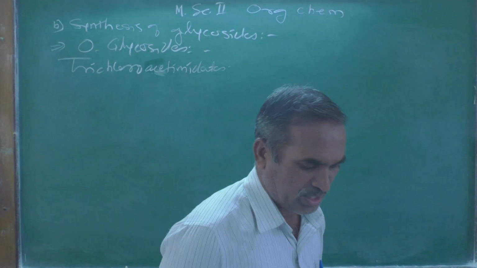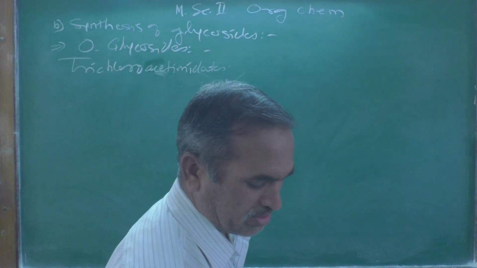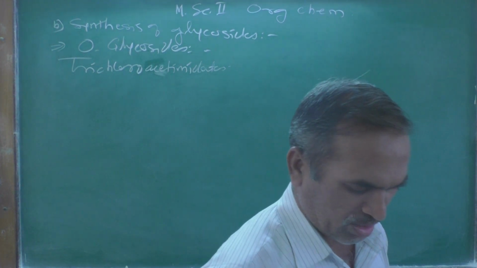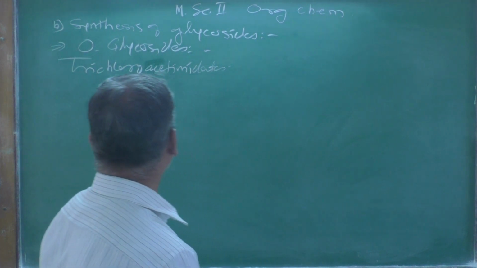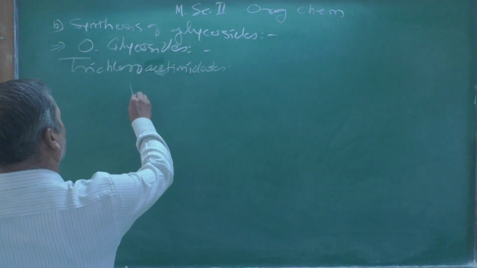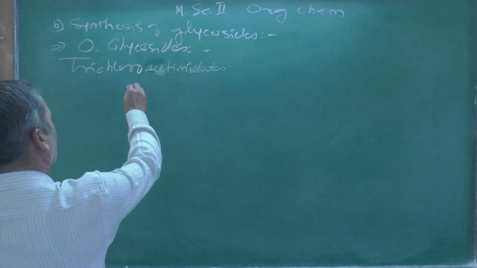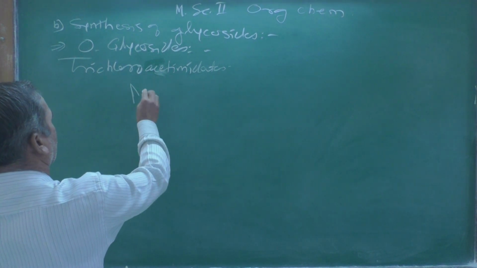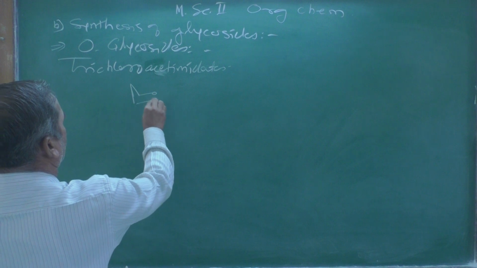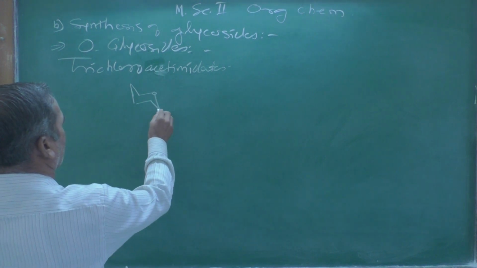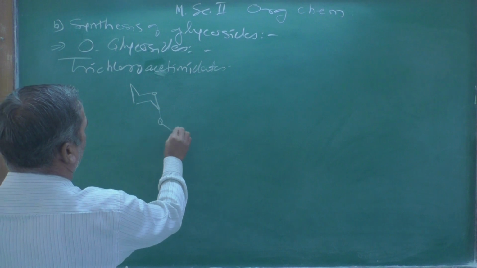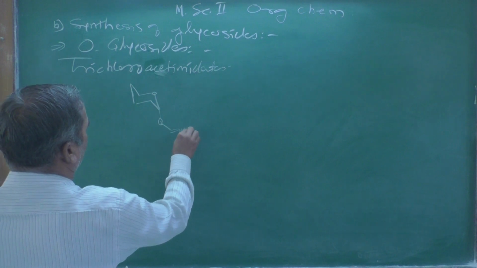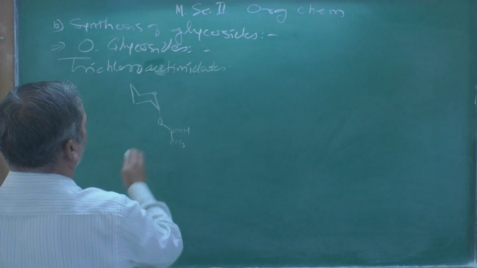scheme number that also belongs to trichloroacetimidate. As we know, the structure of trichloroacetimidate is like this. Let's see over here. I am showing that structure over here. Here is O, then here you can write double bond NH, then CCl3.